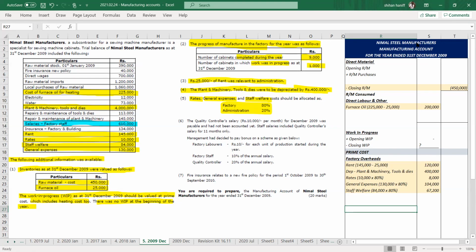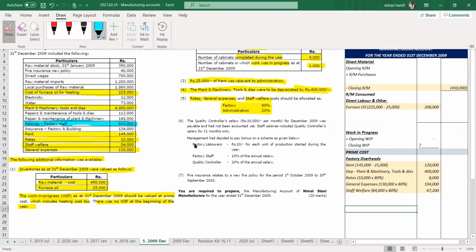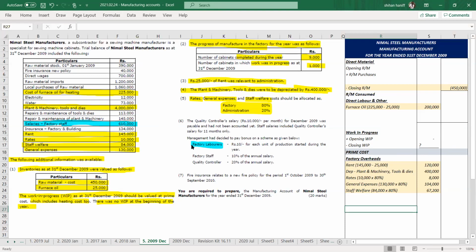You start 10,000, out of that 9,000 completed, another 1,000 is in progress. Okay, so for factory labors, 10 rupees for each unit of production started during the year. If they start 10,000 units, we have to pay 10 rupees each, 100,000.